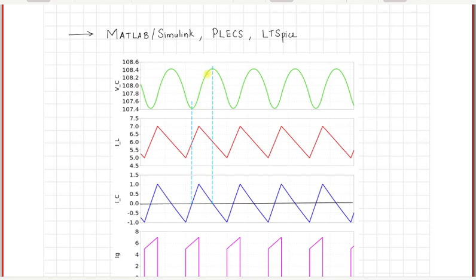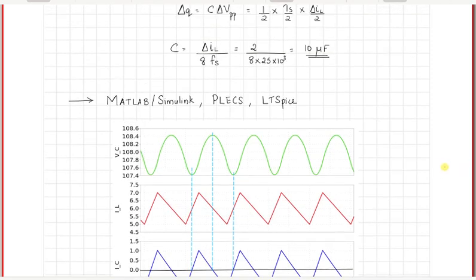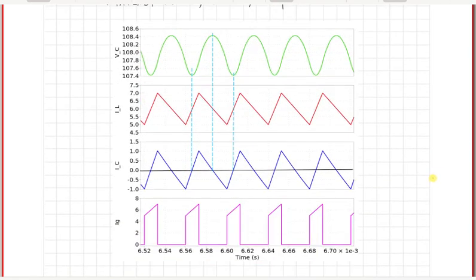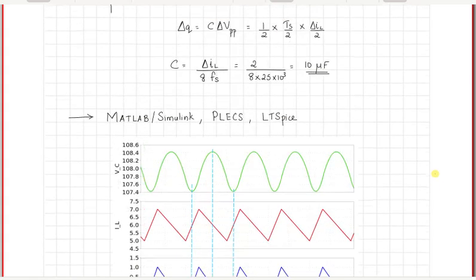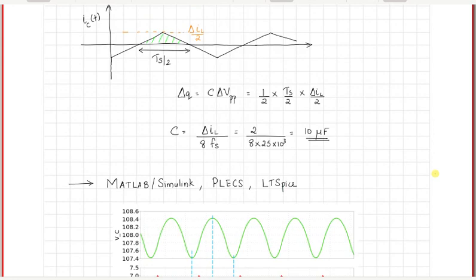The slope is always positive during this portion. And similarly, if you look at the negative portion, you will see that the slope is always negative during the negative portion of the capacitor current. So that is the assumption that we have also made in calculating the capacitor voltage ripple. So it looks like our design is performing well. So we can go ahead and build this converter.